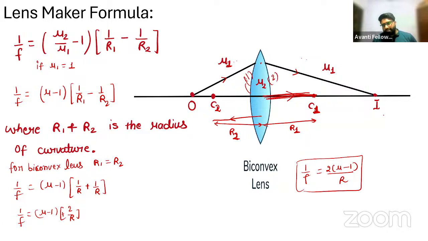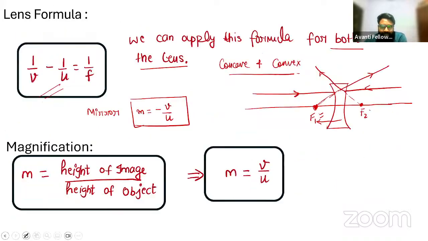So for concave lens, कॉनकेव लेंस के लिए अगर आप करोगे तो इस सरफेस की जो रेडियस होगी यानी कि इस तरफ वो नेगेटिव होगी. R1 यहाँ पे नेगेटिव और R2 यहाँ पे क्या होगा, पॉजिटिव. ठीक है. तो 1/R1 जब आप करोगे तो ये नेगेटिव आ जाएगा. इसका मतलब इसका जो फोकस है वो नेगेटिव है, इसका फोकस पॉजिटिव है. ठीक है. और वही हमने देखा भी था अभी.